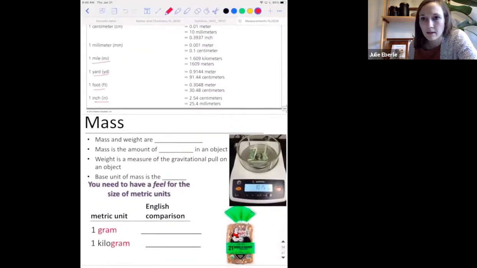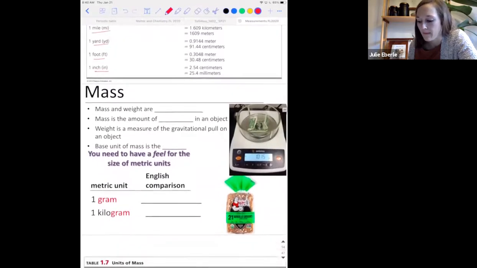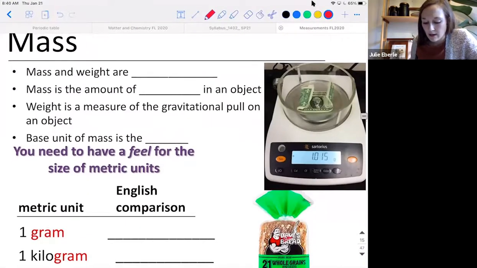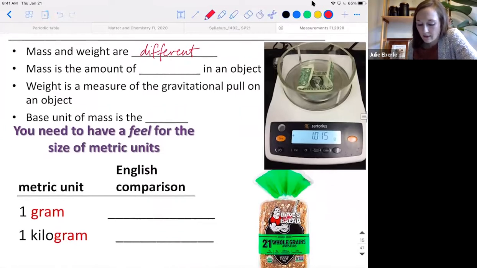We're going to look at mass now. I'm going to turn it back. So mass is another property, and first off, I'll tell you mass and weight are different. How are they different? Mass is the amount of matter in an object.